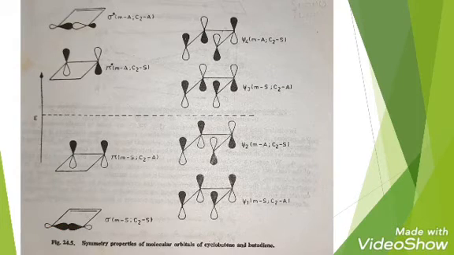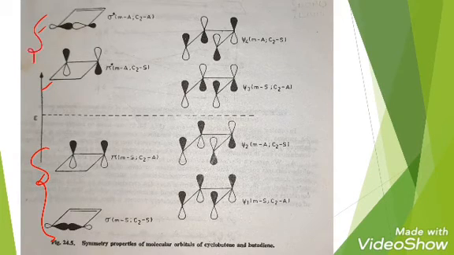We already know that the sigma orbitals have less energy than pi orbitals. So this is the sigma orbital of cyclobutene, and the pi orbital, pi star, and sigma star. These two are said to be ground state orbitals and these two are said to be excited state orbitals.